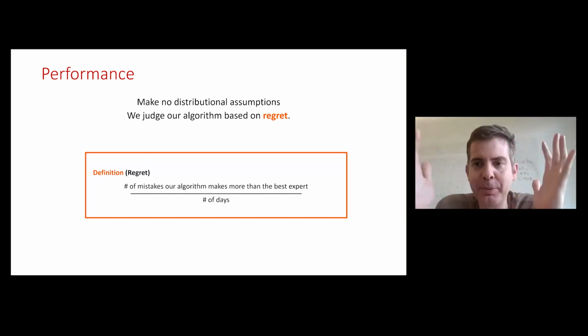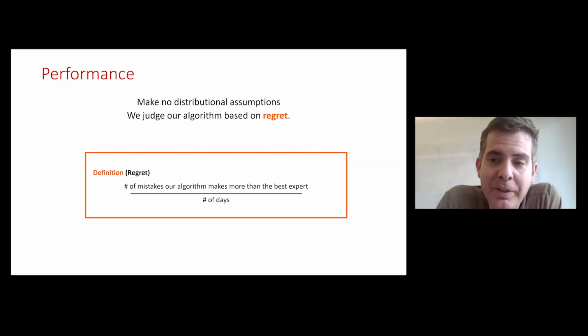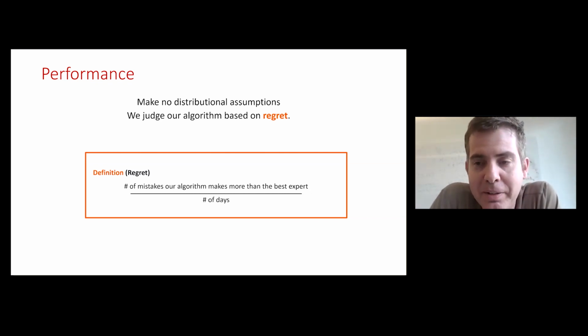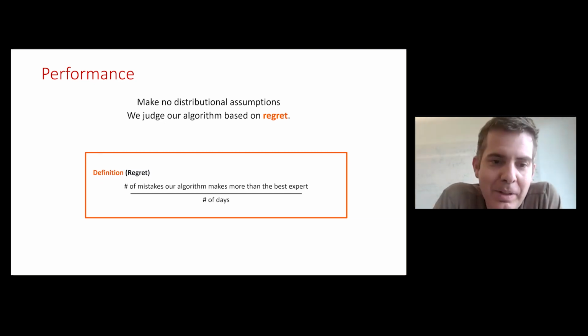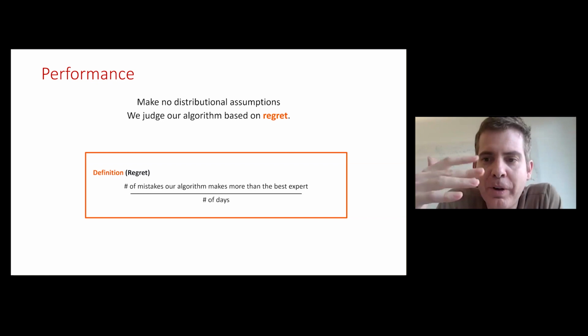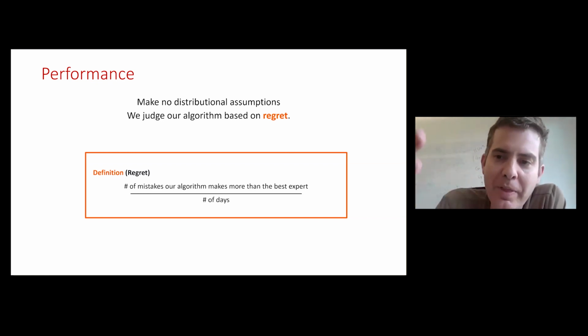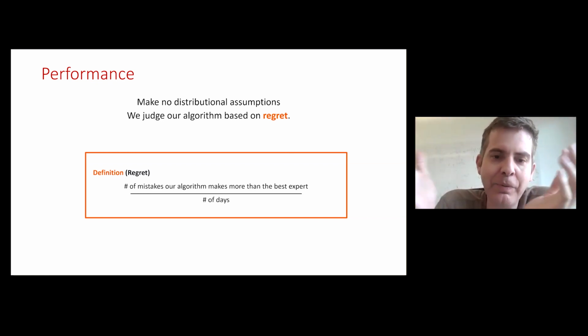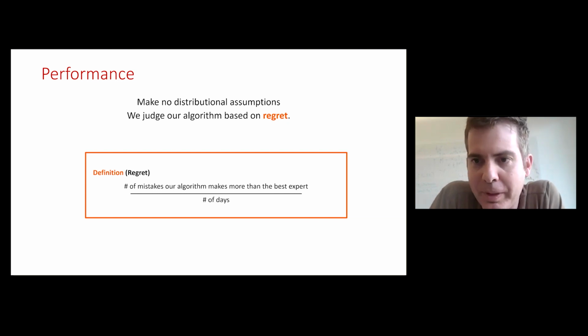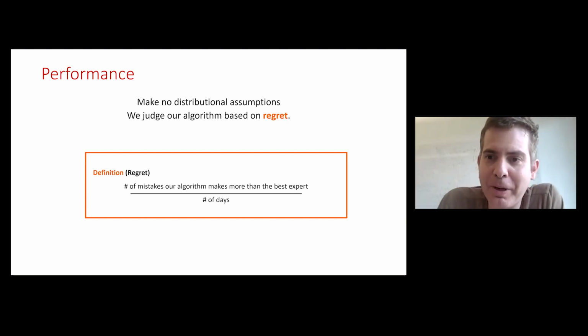Okay, so you have a bunch of experts, and at the end of all these days, you look at the expert that made the fewest mistakes, and you measure your algorithm's performance by looking at the number of mistakes more than that of the best expert, and you divide by the total number of days. Okay, so this is like your mistake rate on top of what the best expert's mistake rate is.